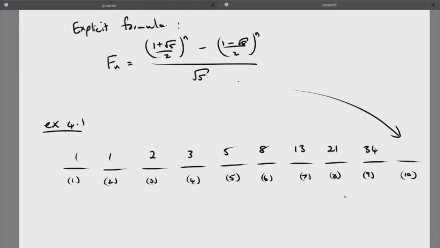How on earth could that possibly be? But it is. I don't want to take too long on that, but do attempt the formula at least once and see that you get a 55.